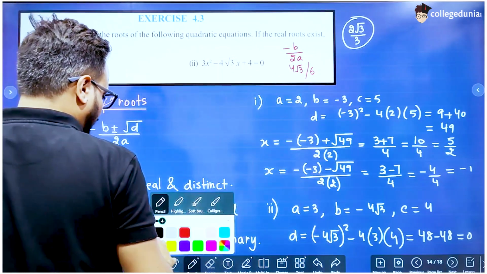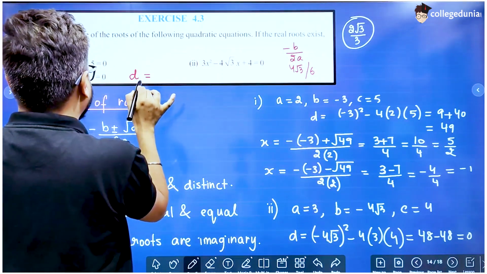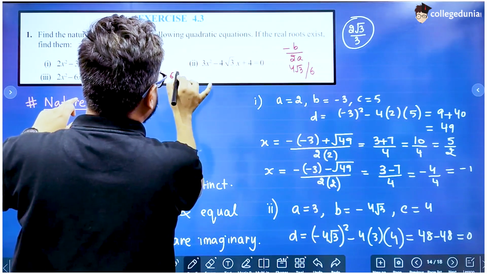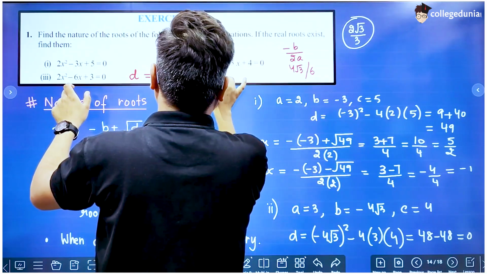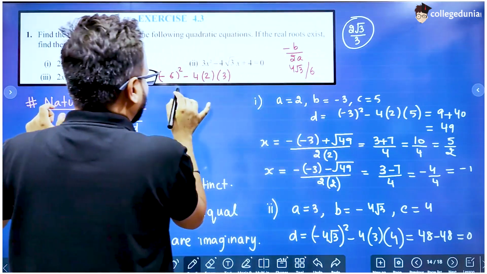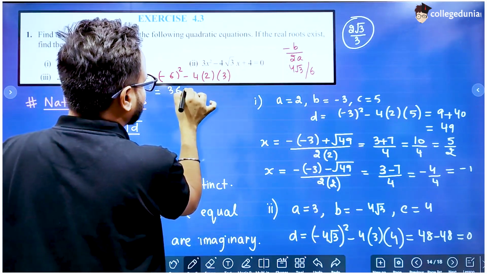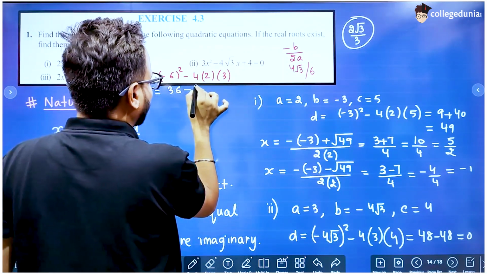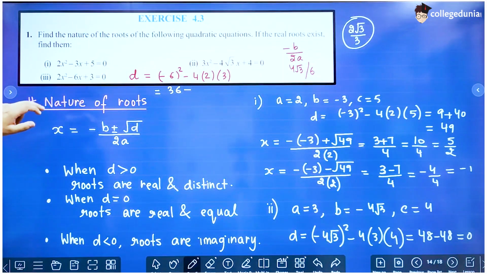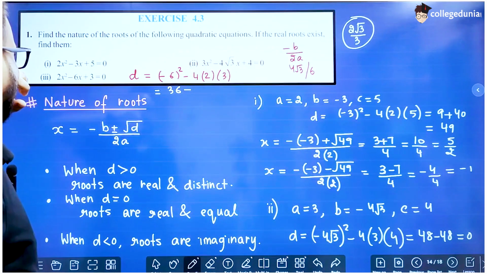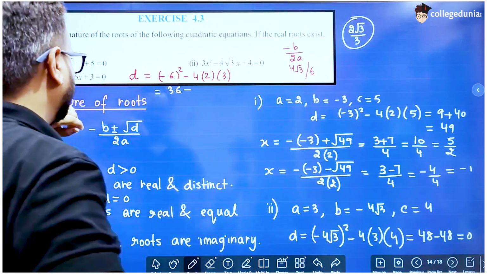And if you find the discriminant of this equation, you will get D is equal to b square, that is minus 6 square minus 4ac, which is what? 36 minus 12 into 2, 12.